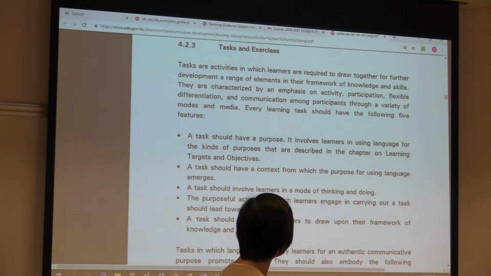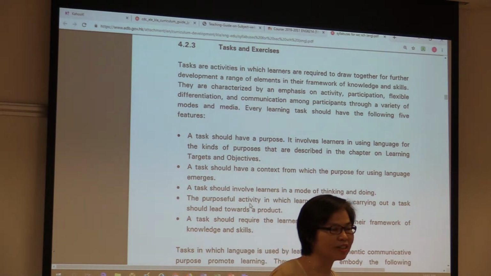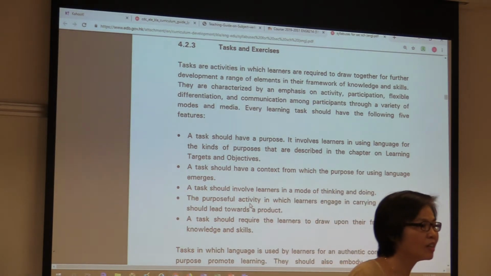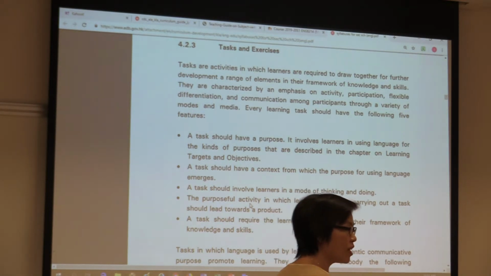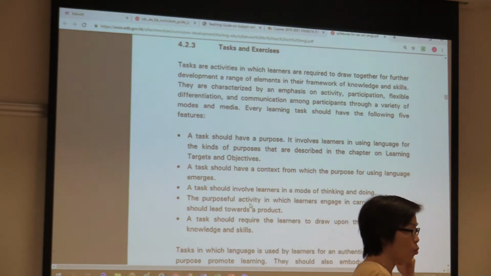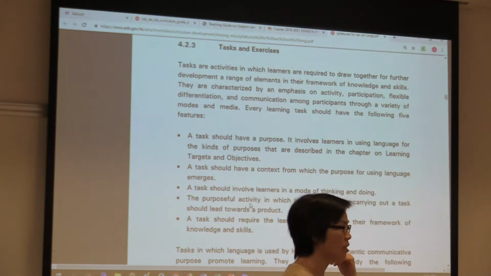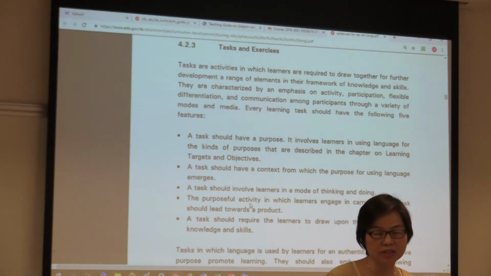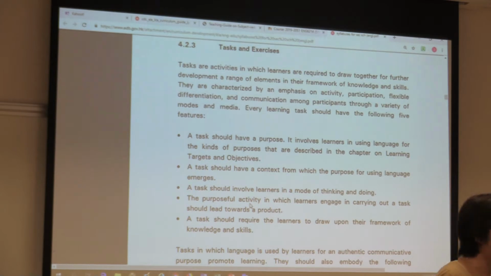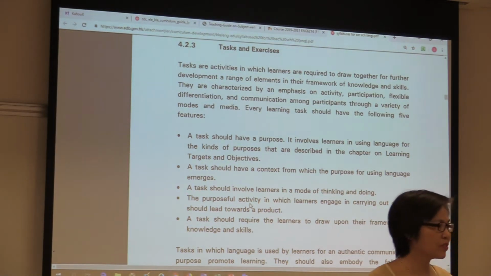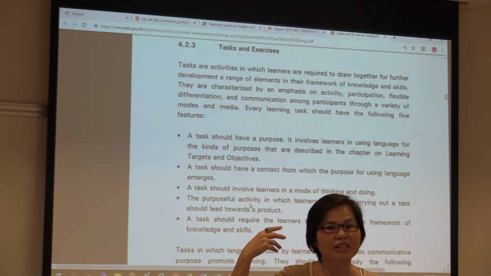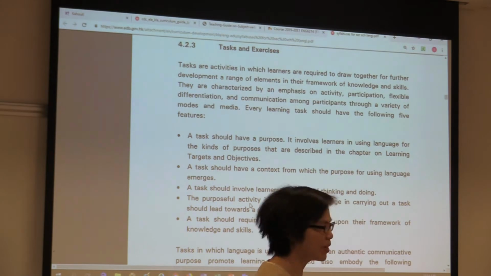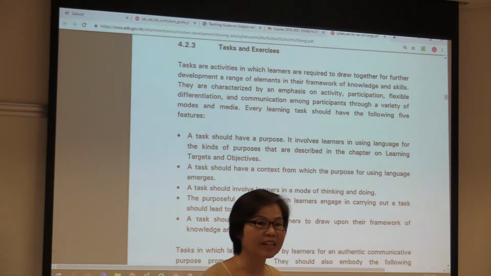And finally, it involves the students' knowledge, maybe subject knowledge, English knowledge, and world knowledge, and also skills, the four skills: listening, speaking, reading, and writing, and also problem-solving skills, collaborative skills, creative thinking skills, all grouped under skills, right?